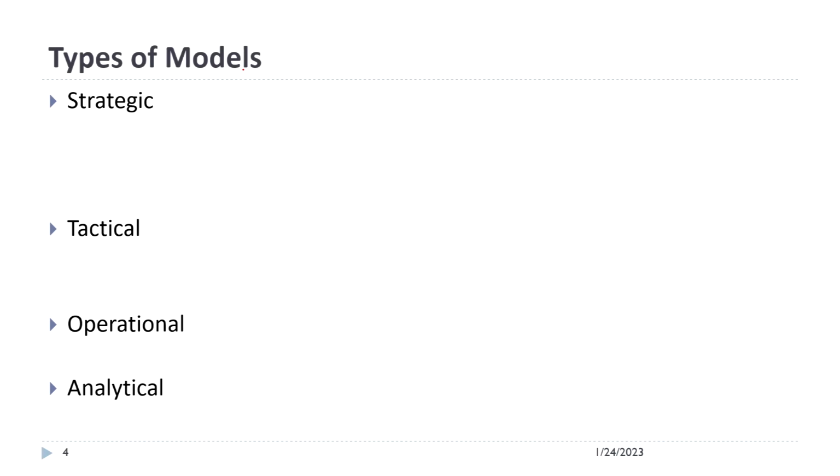So, from here we move to the next slide, which is types of models. This is an important discussion from our side. There are multiple ways you can categorize models. Here we are focusing on the organizational decision time frame.